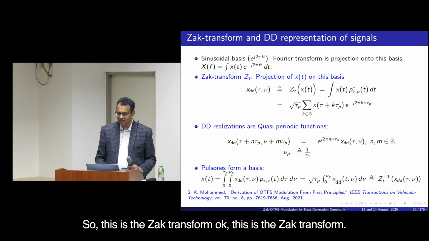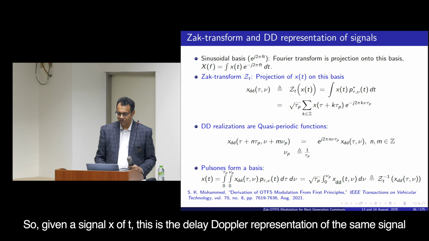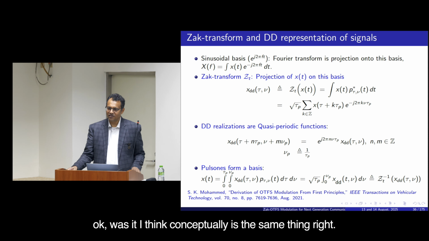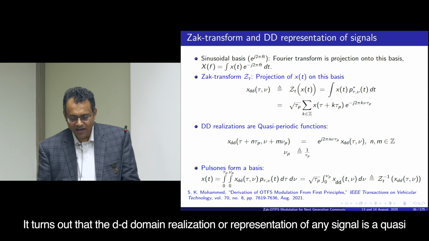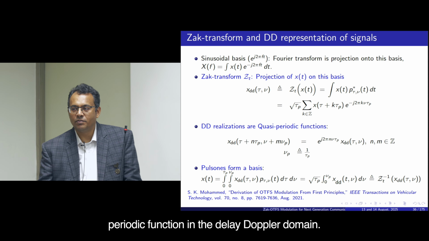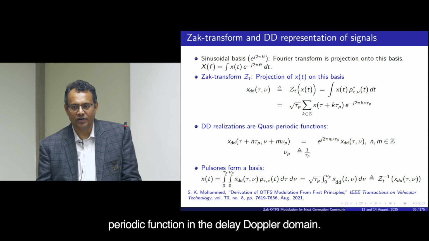So, this is the Zak transform, okay. Given a signal x of t, this is the delay-Doppler representation of the same signal, okay. Conceptually it is the same thing, right. It turns out that the DD domain representation of any signal is a quasi-periodic function in the delay-Doppler domain.